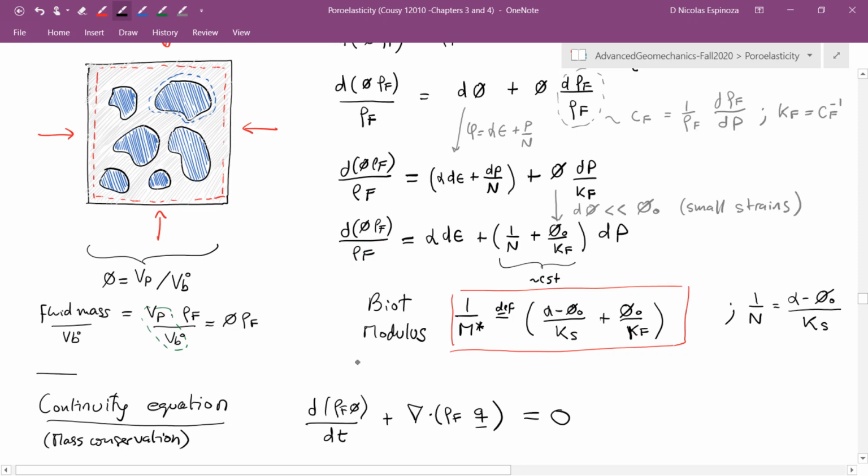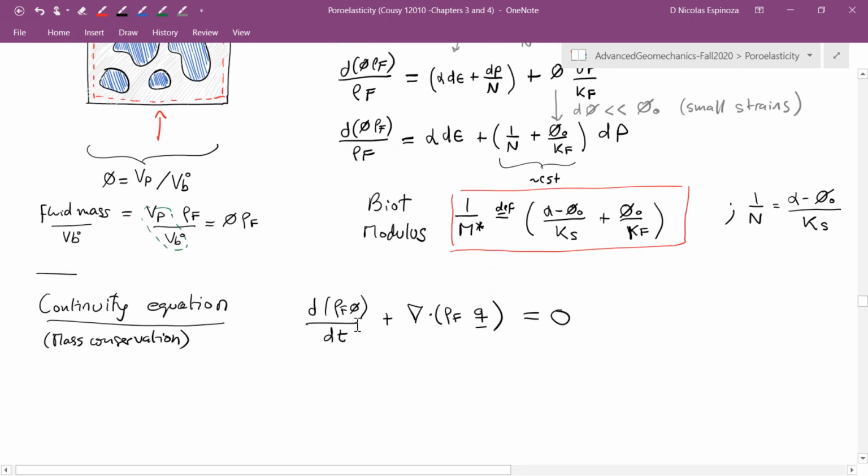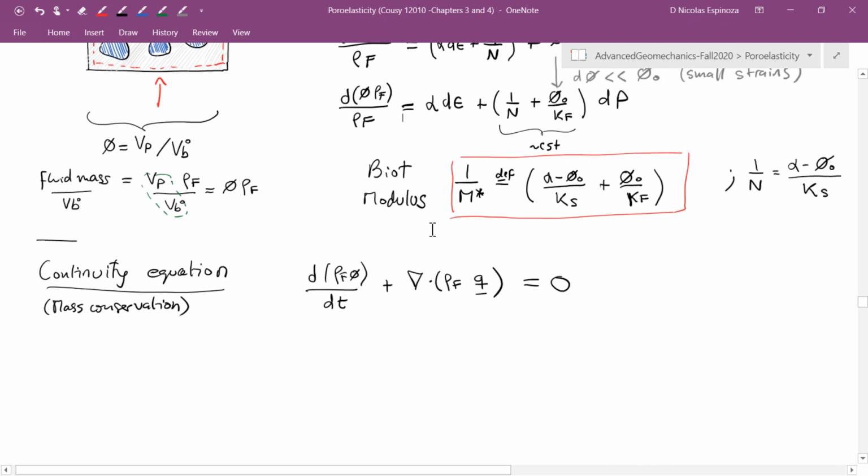Okay, so we're going to use this in here, and from this equation I obtain that, if I rewrite this, let me take the derivative of time outside, and what I have in here, I'm going to have to multiply times the density of the fluid.